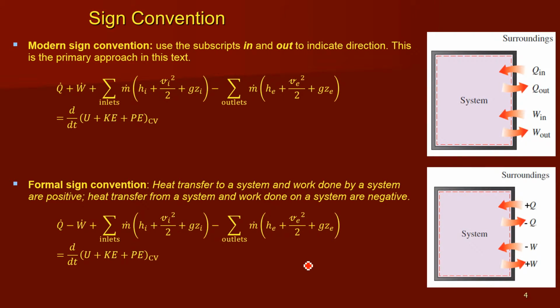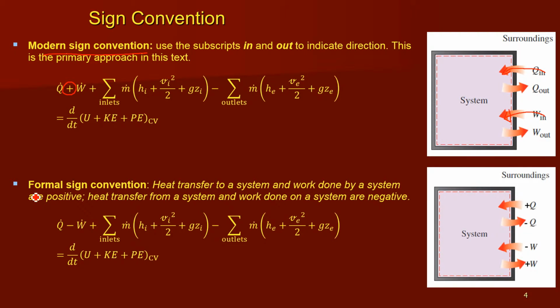And we talked about sign convention. We talked about modern sign convention. In the modern sign convention, you have a positive sign in between Q and W. Remember that. And in modern sign convention, Q coming in and W coming into the system is considered as positive.